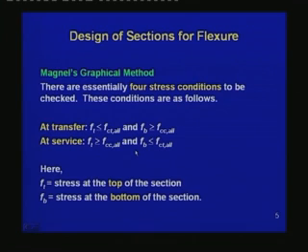And the other stress condition at surface is that the stress at the bottom, which is tensile, should be less than the allowable tensile stress at surface. Here, Ft is the stress at the top of the section, and Fb is the stress at the bottom of the section.